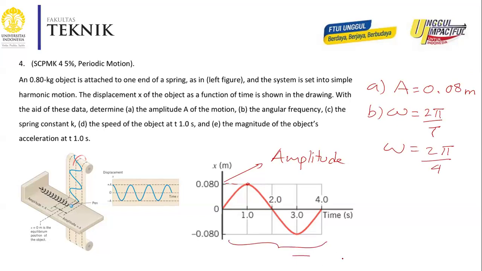The period is 4 seconds. So one oscillation needs 4 seconds. So we will get the angular frequency is 2π divided by 4. And then we can get the angular frequency is 0.5π radian per second.